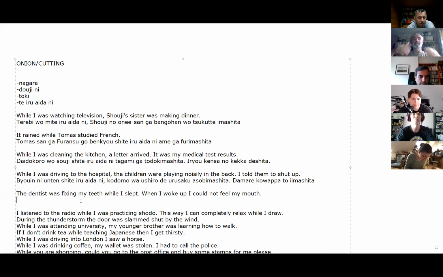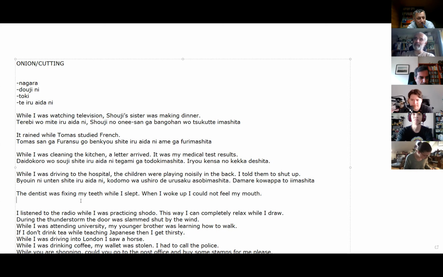Okay, Toki is just a time thingy. Aida is like between stuff, right? Ah, there's Nagara. Oh, okay, I found it in my notes. Good. So I guess I would do Doji ni, right?